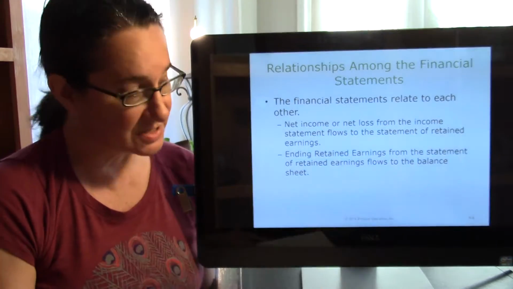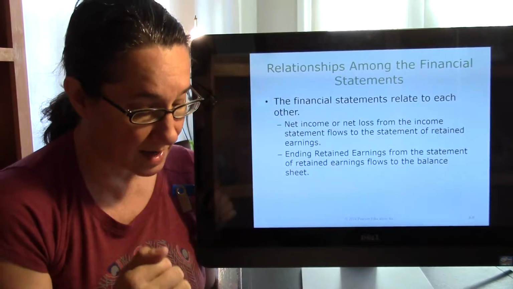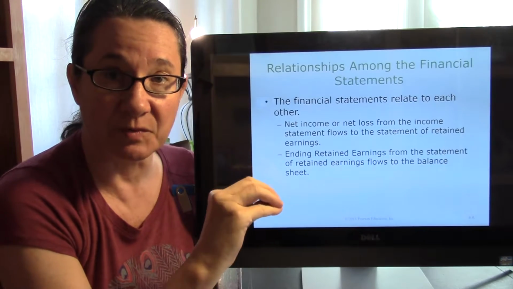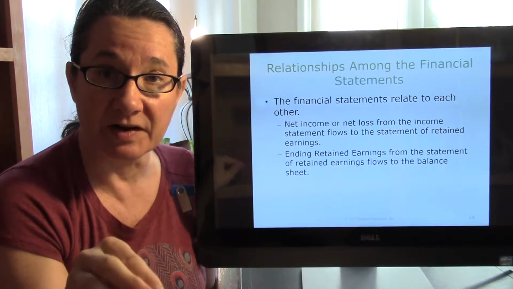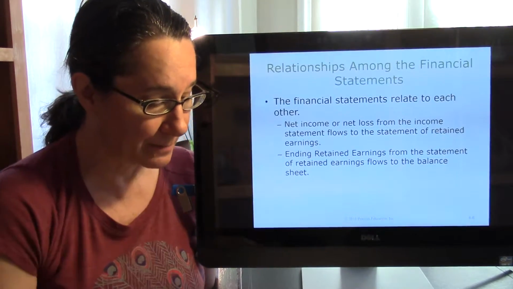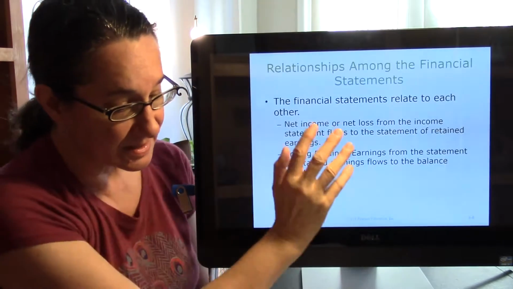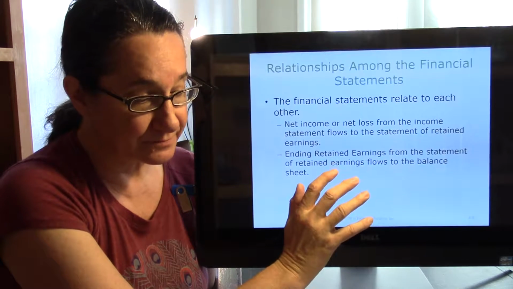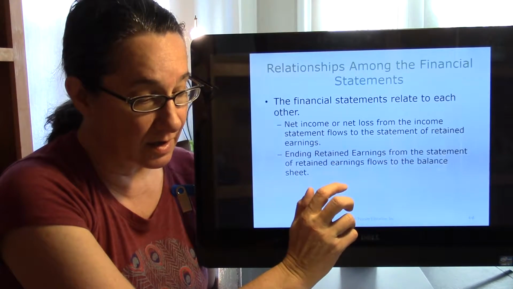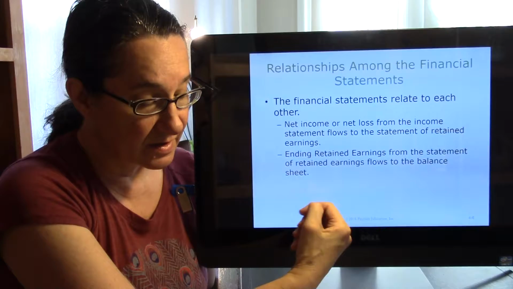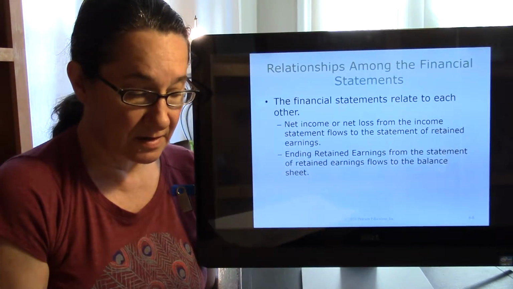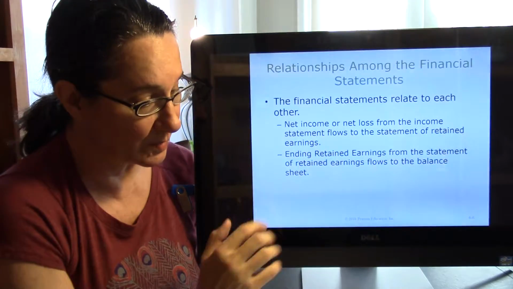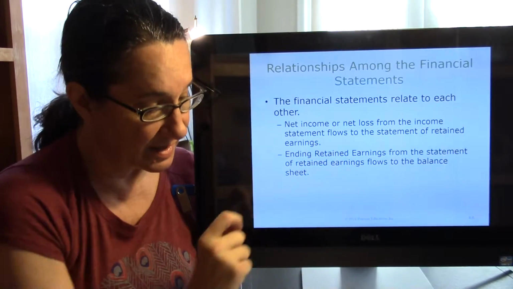There are some relationships amongst the statements, and that's why we prepare them in a particular order. We have to take the information from one statement and use it to prepare our next report. All right. So the first thing we always prepare is the income statement. So here's how you do that. You take your revenues, you take your expenses, and you prepare them. You get your net income.